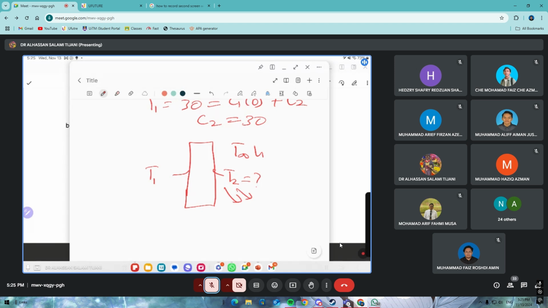So you cannot say that at x equals L, T equals T2. We don't know the value for T2. You understand? So we can apply constant heat flux at this surface, constant heat flux at x equals L. Okay?